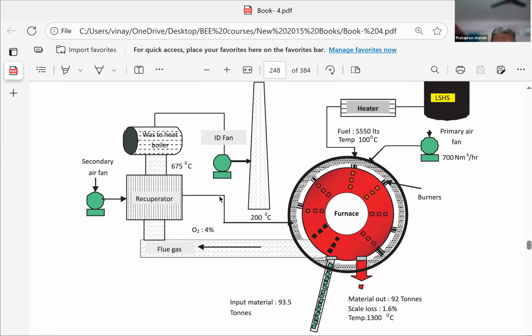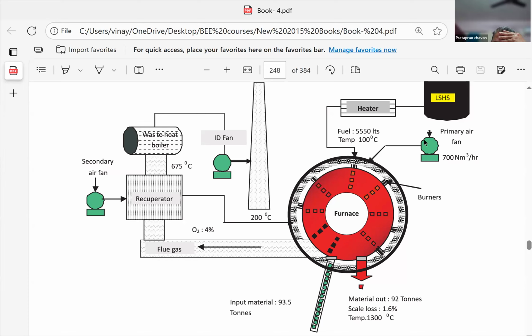This air is supplied for combustion purposes, same in boiler. In coal fire boiler, what we do? We give air to the coal mill, grinding mill, and then the fan lifts the powder, raises its temperature and gives it to the furnace. Same thing it is. He is raising the temperature of the primary air to 200, giving it to the furnace.